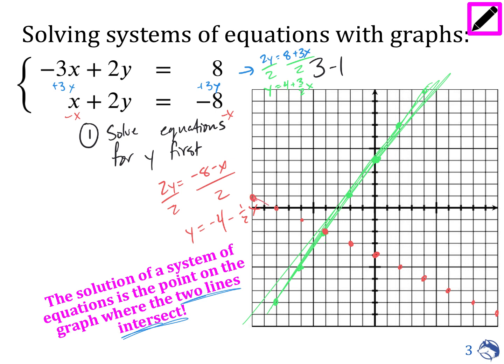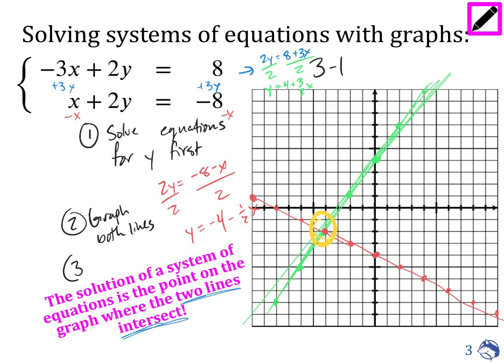Then I graph my line, and then I see, okay, well, when these lines intersect, that means that they're equal. And so this spot right here is the intersection point. So the answer to this problem is the coordinate. So step 2 is to graph both lines.